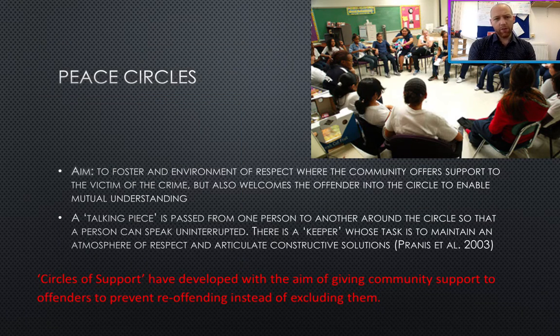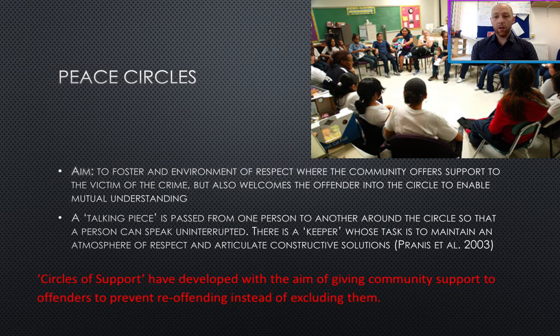Another type of restorative justice, what are referred to as peace circles. So the aim here is to foster an environment of respect where the community offers support to the victim of the crime, but also welcomes the offender into the circle to enable mutual understanding. It's very similar to the key principles of restorative justice. A talking piece is passed from one person to another, so it's kind of like a stick or something that they hold, and that means the person can speak uninterrupted.